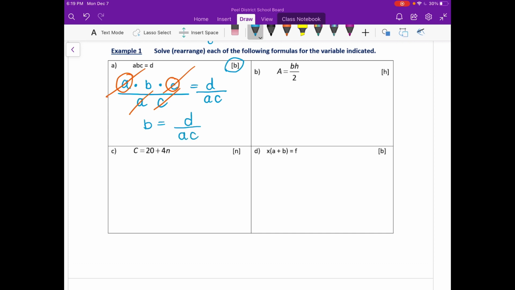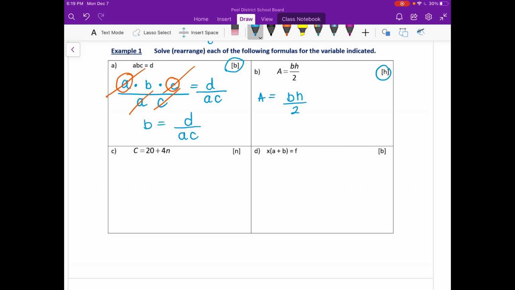Moving on. You have area is equal to base times height divided by 2, and I want to get height by itself. So I have area is equal to base times height divided by 2, and I'm going to isolate for that h.